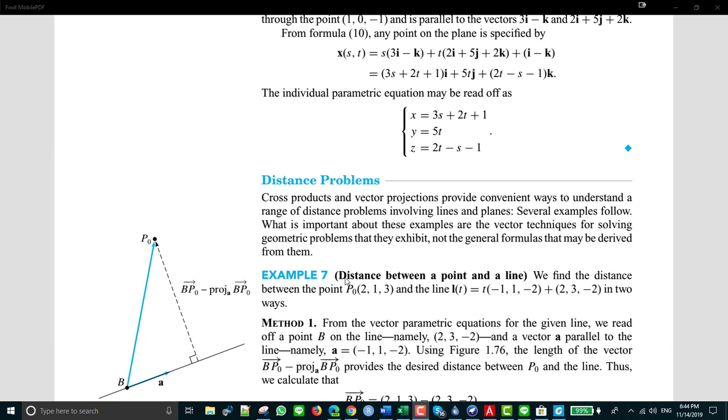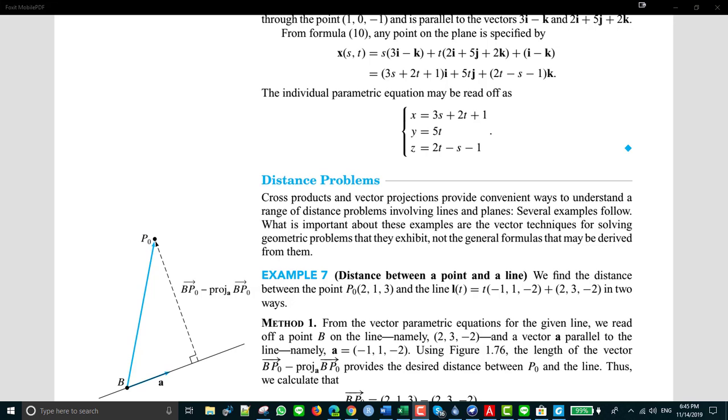Okay, next let's talk about distance problems. The first one is we have a line and a point, and we want the distance between them. They say cross products and vector projections provide a convenient way to understand a range of distance problems involving lines and planes. They say what is important about these examples are the vector techniques for solving geometric problems that they exhibit, not the general formulas which may be derived from them.